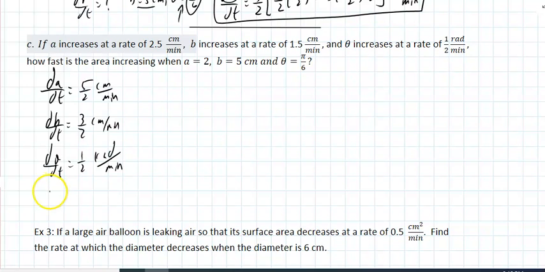How fast is the area changing? Well, what's dA/dt? And it has to be when what? Specifically when A equals 2, B equals 5, both of those are in centimeters, and theta equals pi over 6.